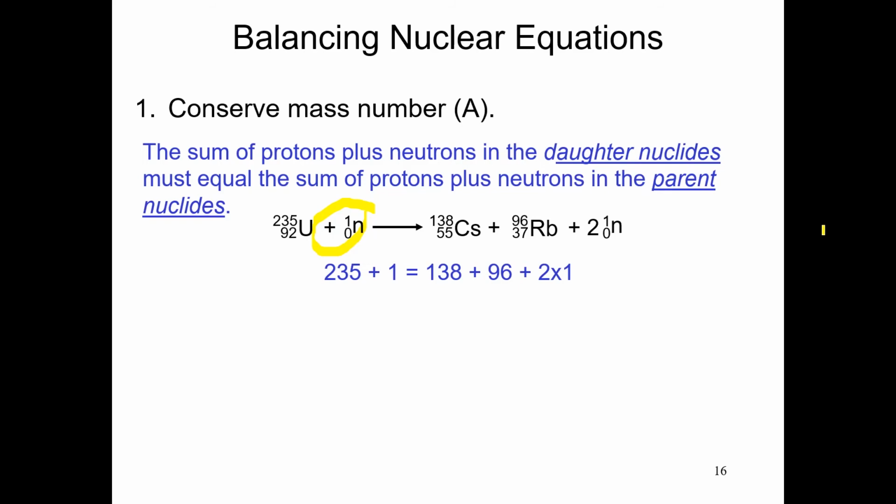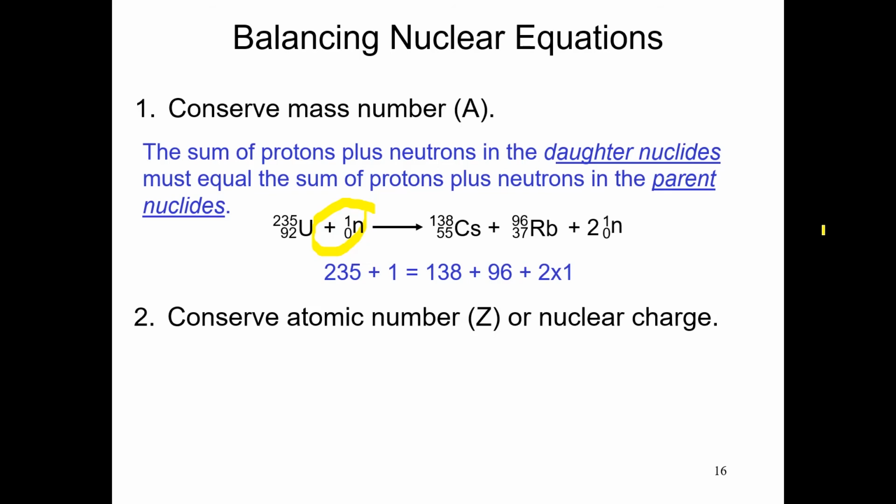And by the way, in these types of situations, no, we don't cancel out the neutrons on the left side with the neutrons on the right side because they may have different sources. Okay, so you can see where the values of A equal on both sides.